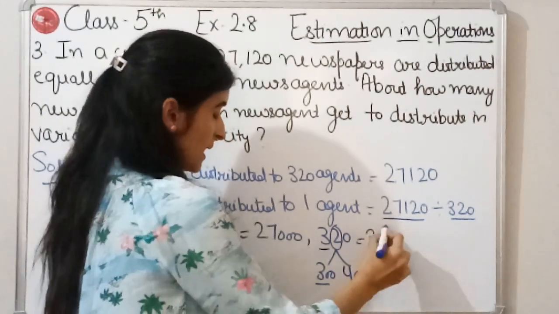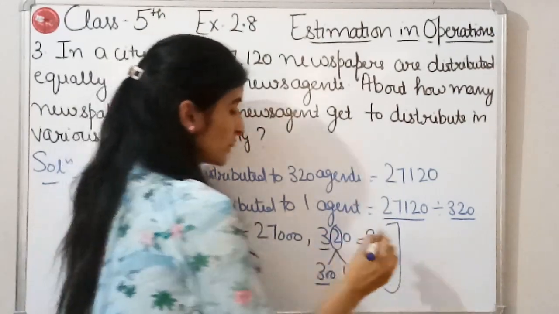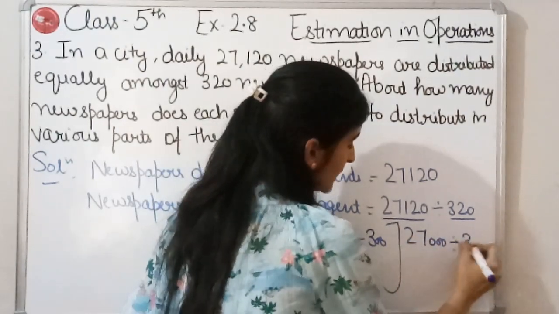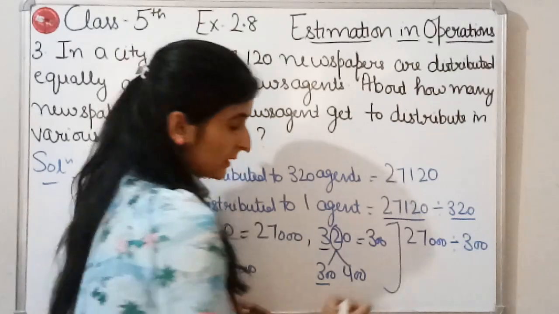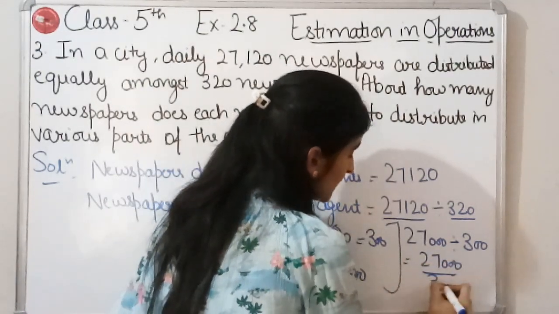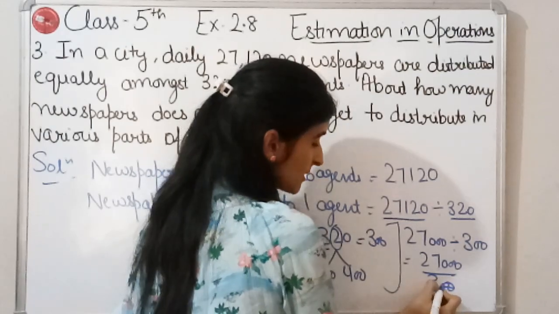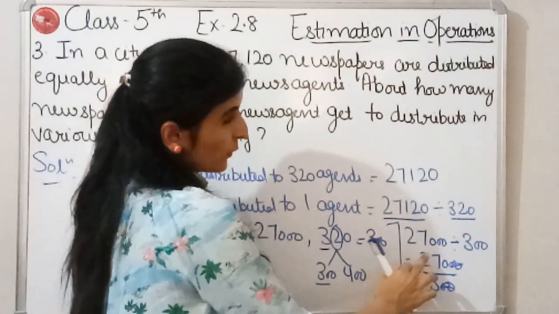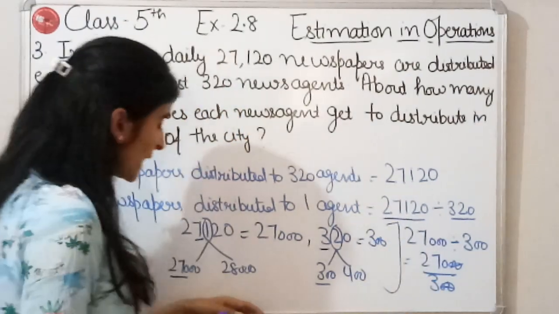Then we have to divide this 27,000 by 300. Okay, so 27,000 by 300. We can cut these two zeros with these two. Okay, now what is left? 270 divided by 3.